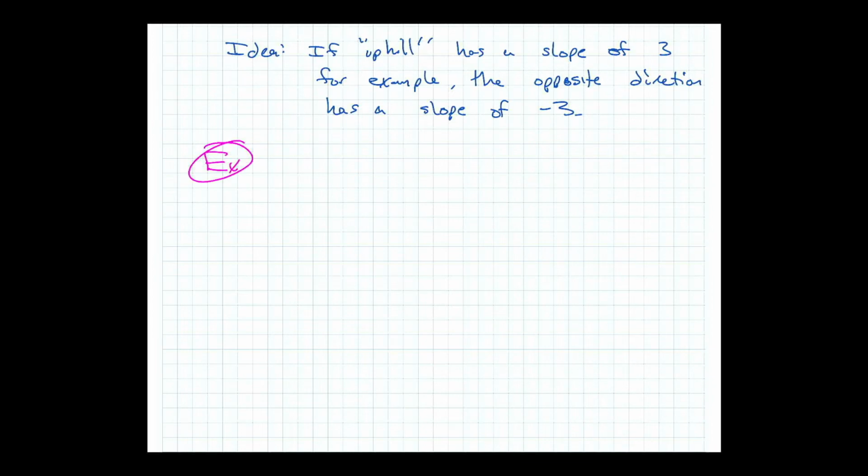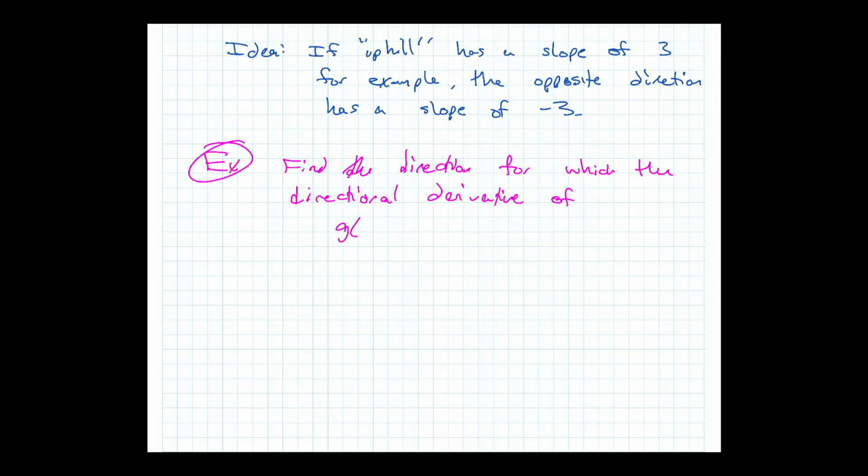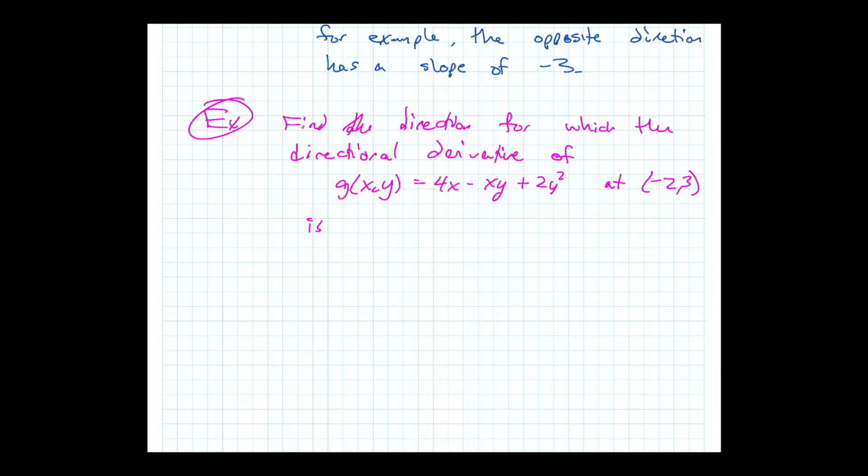Find the direction for which the directional derivative of g, hey, they gave it a different name this time, g equals 4x minus xy plus 2y squared, at the point negative 2 comma 3, is a maximum.